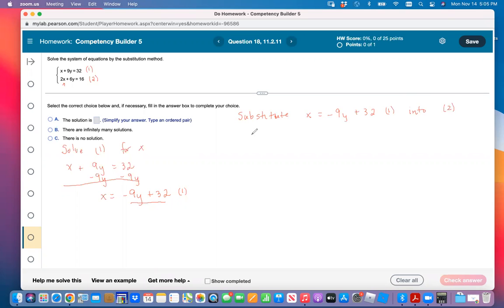All right, let me rewrite equation 2. Equation 2 is 2 times x plus 6y equals 16. So instead of writing x here, I'm going to write this statement since x is negative 9y plus 32. So here goes the substitution. Let me just highlight this a little bit. So right here is where I'm going to do my substitution.